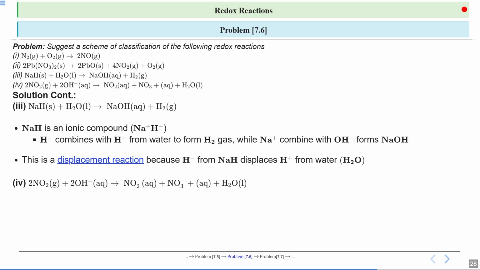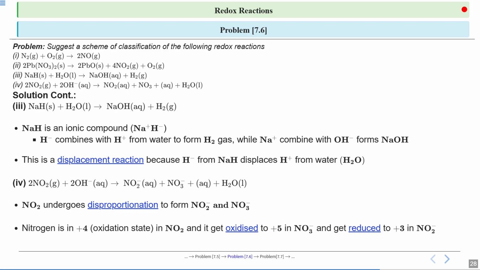Now, in the fourth equation, nitrogen dioxide reacts in basic or alkaline medium, forming NO2 negative plus NO3 negative plus water. In this reaction, nitrogen dioxide, that is NO2, is undergoing a disproportionation reaction to form NO2 negative and NO3 negative. How can we say that it is disproportionating? Because the oxidation state of nitrogen in the reactant is +4. In the products, nitrogen is present in NO2 negative and NO3 negative.